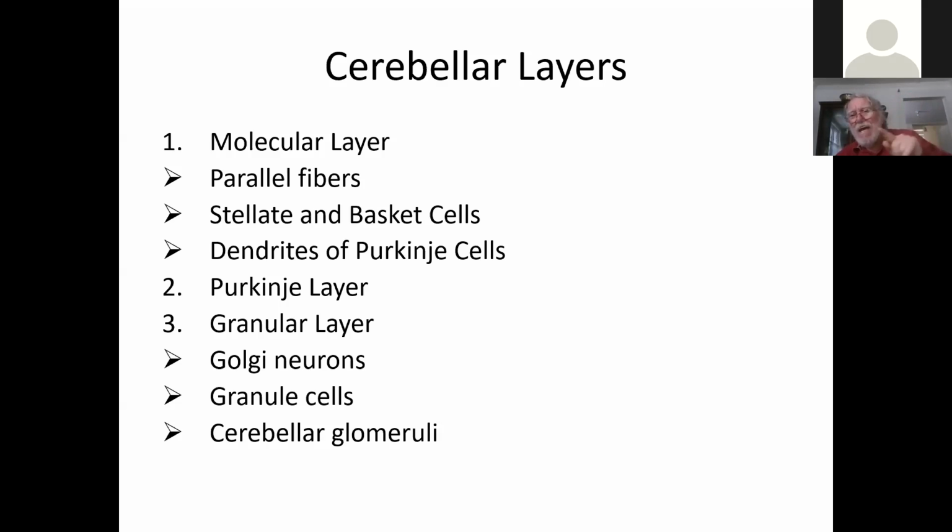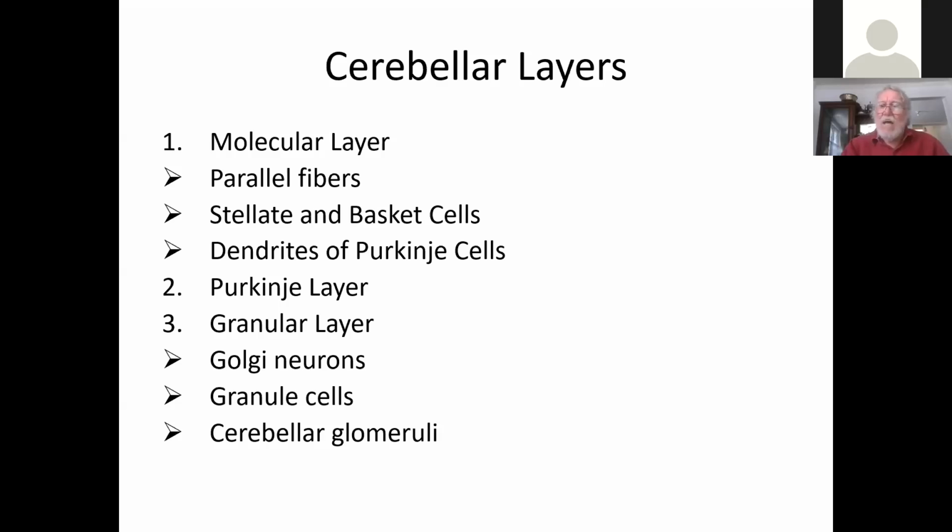So rather than having this sort of ivy-shaped thing, you have a sort of mossy kind of connection, almost a little bit like a perineuronal net or some type of reticulum.